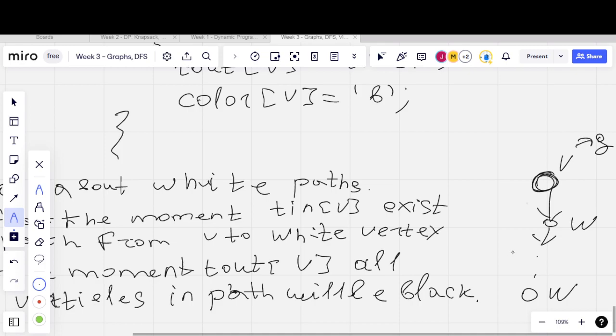This means all the vertices, when this vertex will be black, these vertices will be black too.